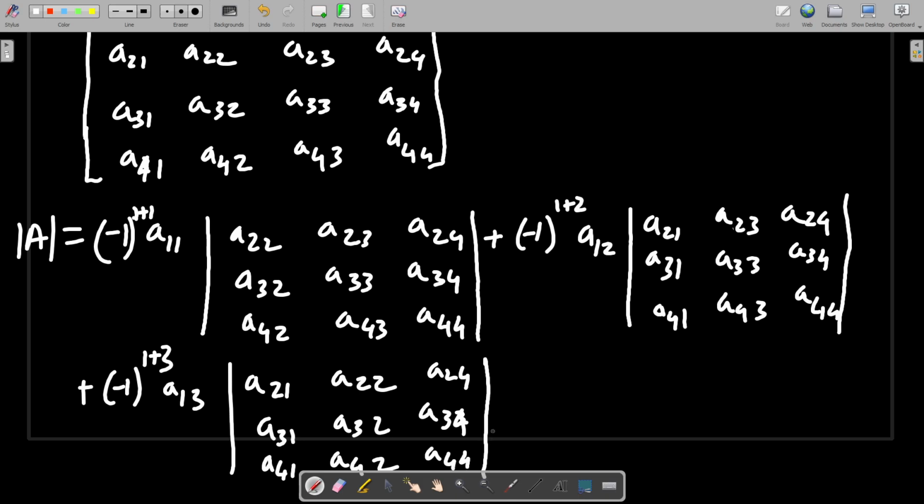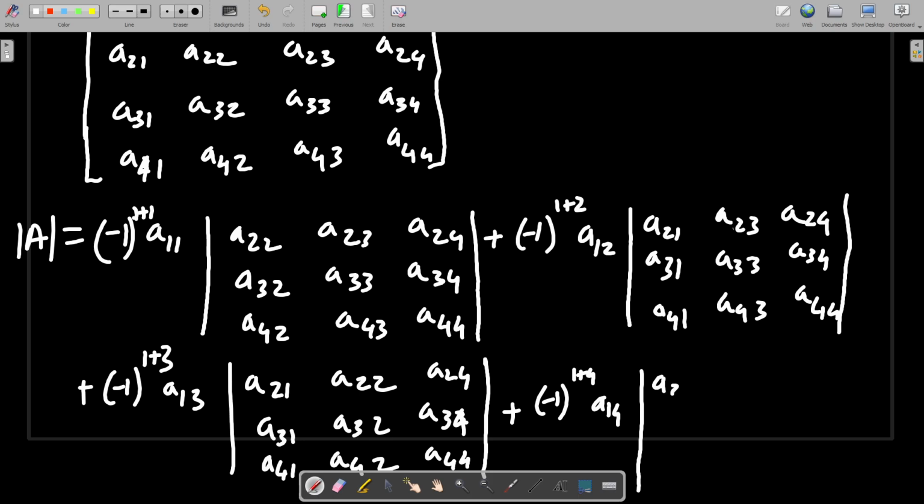So next is minus 1 to the power 1 plus 4, A14. This will become, delete the first row and the fourth column.